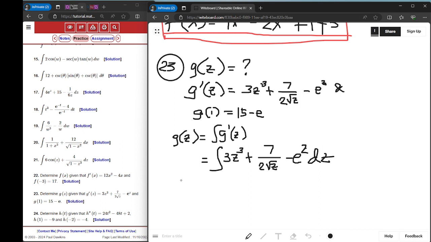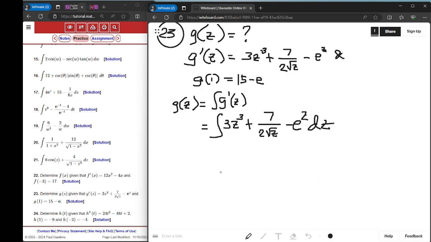So we cannot integrate this one if we don't have dz. Let me just show you the step-by-step process so we can directly solve them. We can directly integrate them, but just let me show the steps.